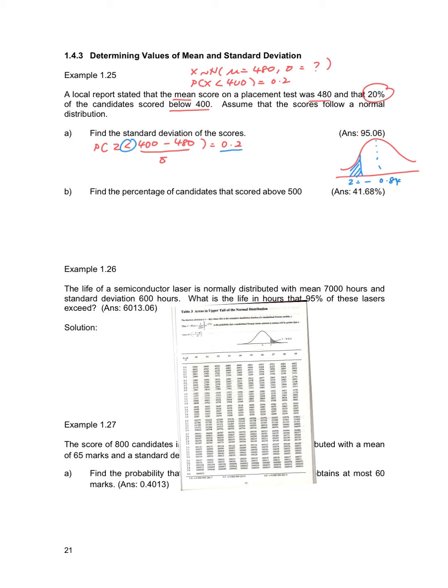So kita keluarkan bahagian yang ni. 400 minus 480 over sigma equals to negative 0.84. And then we solve for sigma. So the answer for sigma is 95.24.